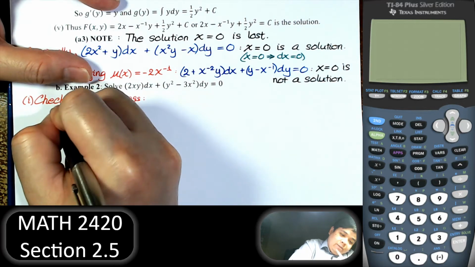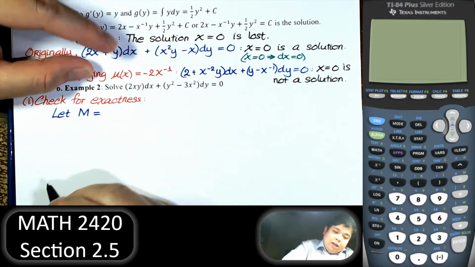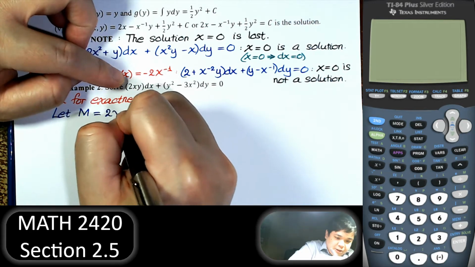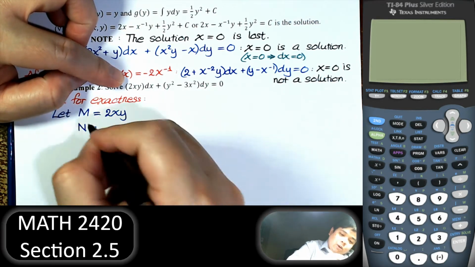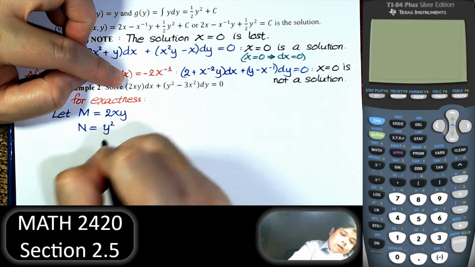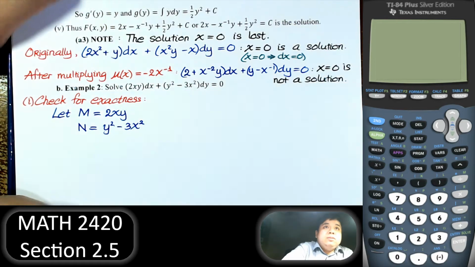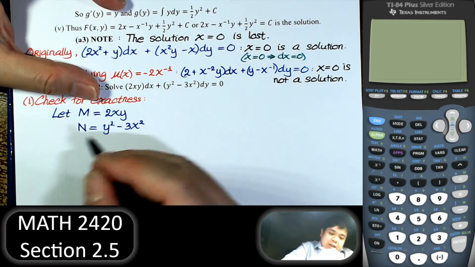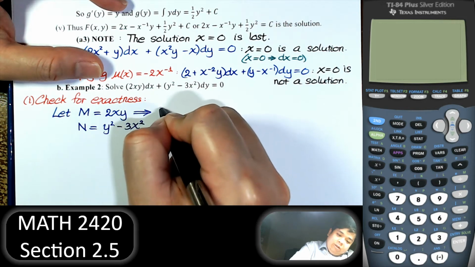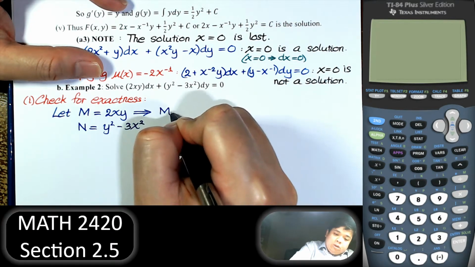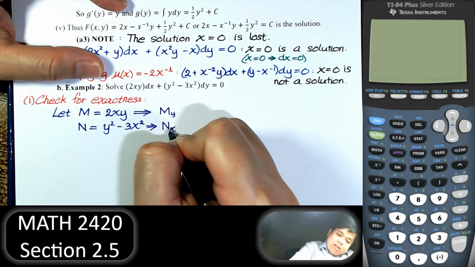So I will let M equal 2xy and N equal y squared minus 3x squared. Right, and check for exact equation. We take the derivative of M with respect to y and the derivative of N with respect to x.